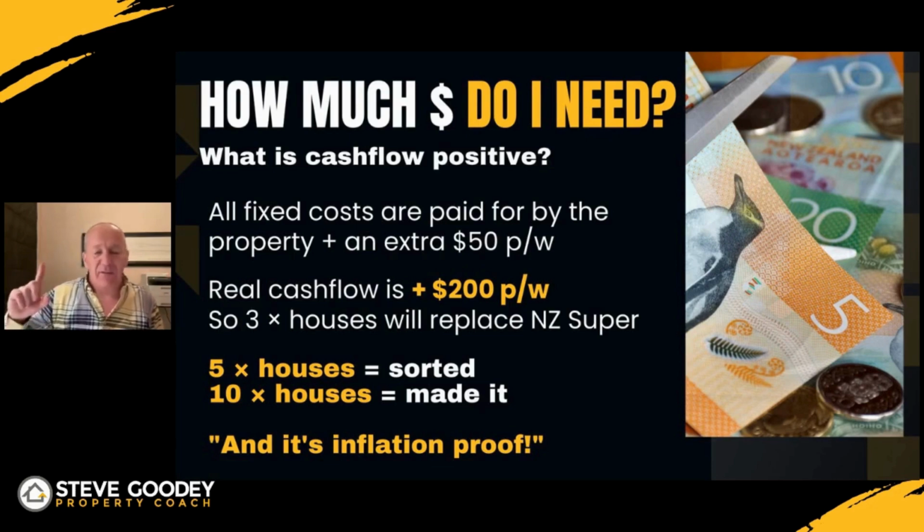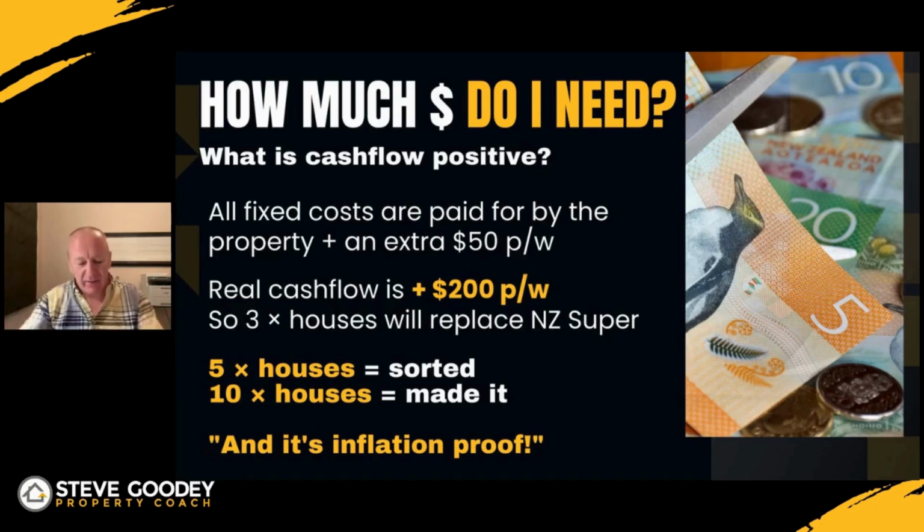One increase in rates or insurances or the mortgage rate, one problem like that wipes out your cash flow for a year quite easily. So I'm going to stand my ground on this one, and absolutely fight me in the comments if you like, but unless it's $200 per week cash flow positive, it's neutral.